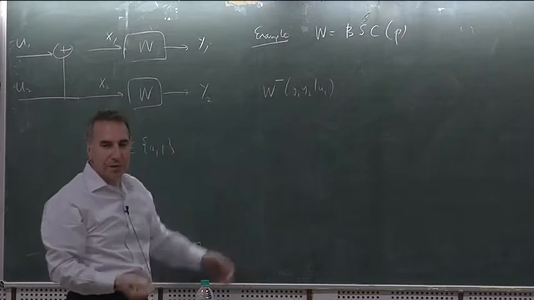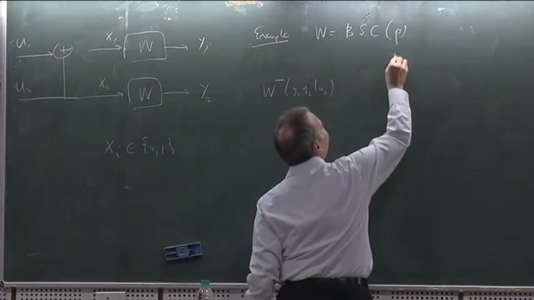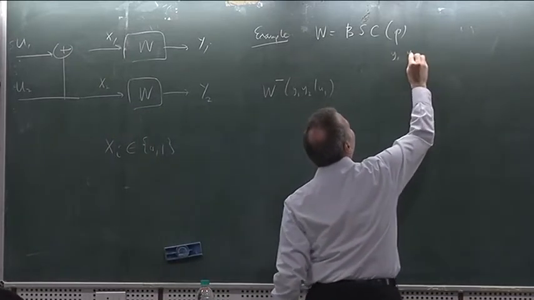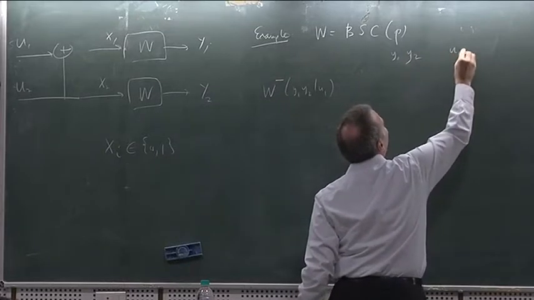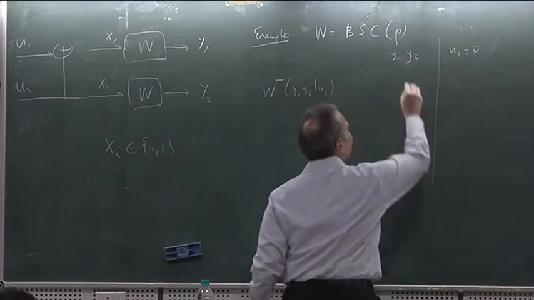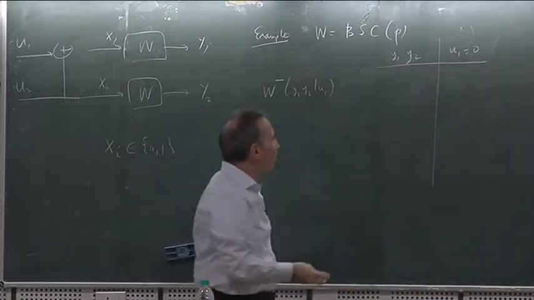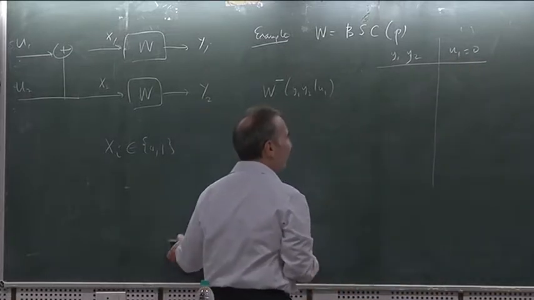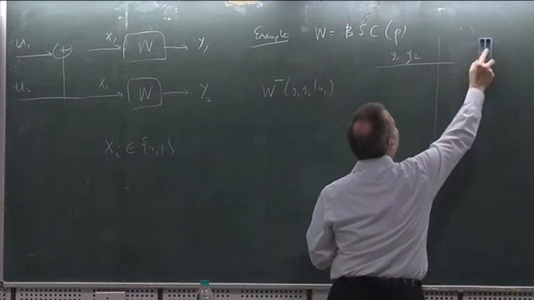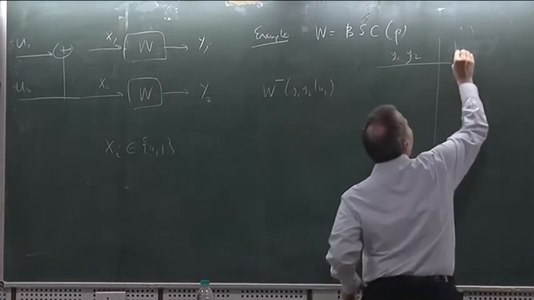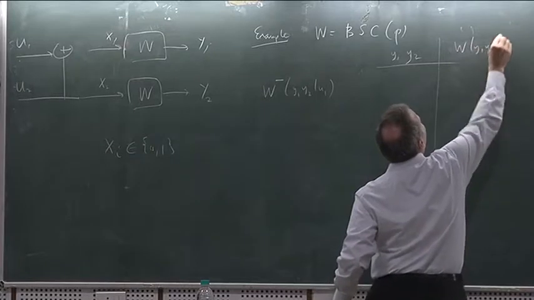Let's write the y1, y2 values and the u1 value, and let's say we first set u1 equal to 0. Okay. How should I do this? Hold on a second. Let me write it like this.